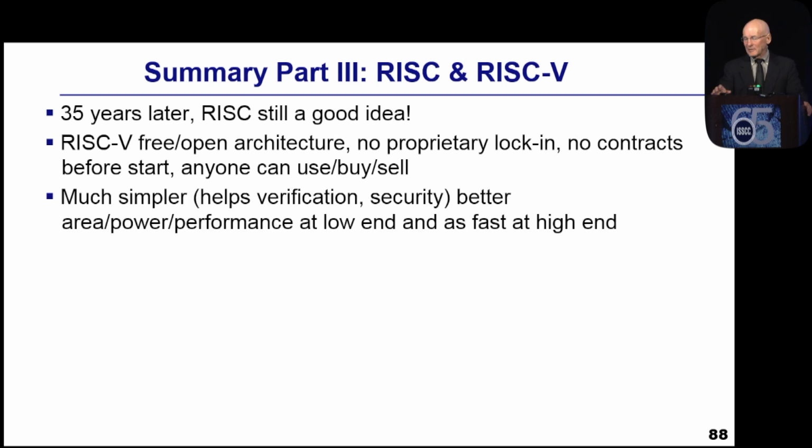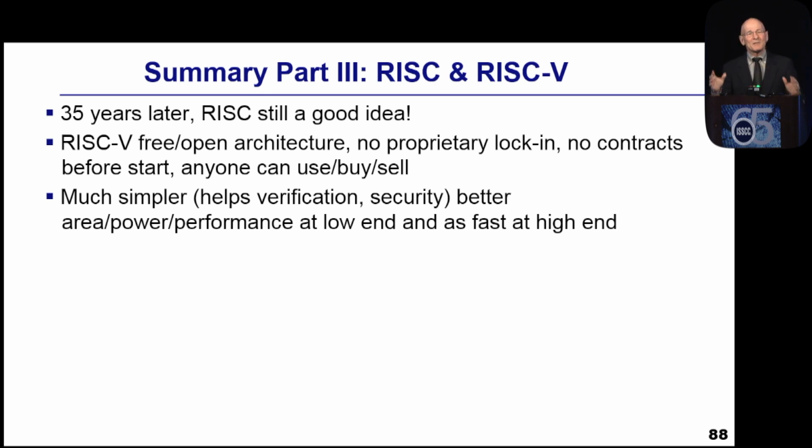It's much simpler, which helps because people want to verify that the instruction set is correct, and security and verification are very important. And so it's popular with security people. The simplicity of the instruction set makes a big difference at the low end in terms of area and power, and it tends to be faster too.